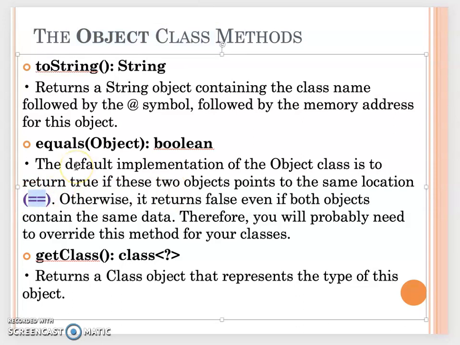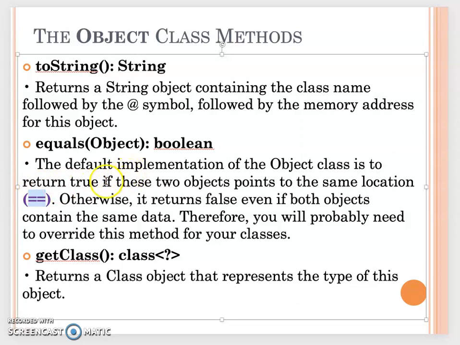So by default, if you don't override your equals method from the Object class, it just uses the equal operator to compare the two objects. On the other hand, you know, right? When we compare two objects, we compare what? We compare whether they are in the same memory location.